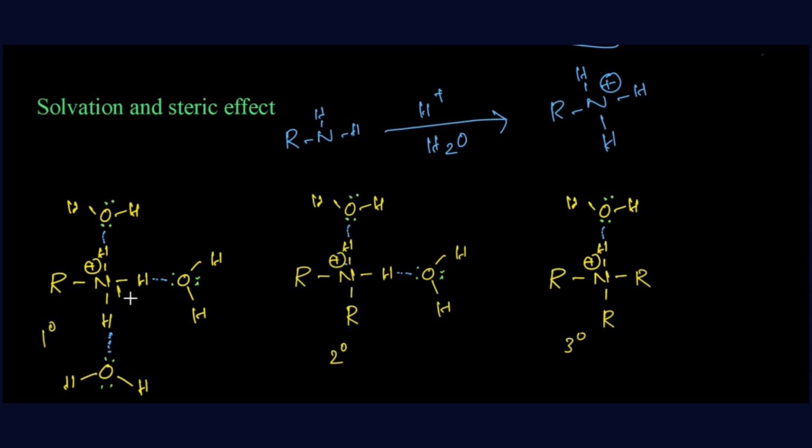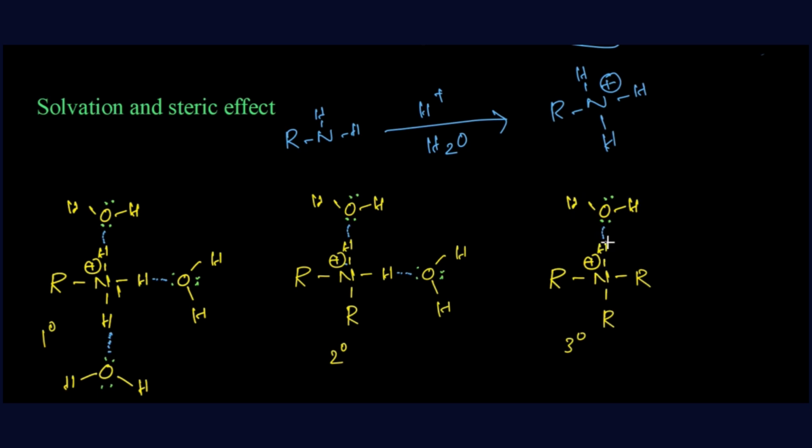This will increase the solvation. You see here, there are 3 water molecules involved in the solvation of this cation, and in the secondary amine there are 2 R groups. Here there are 3 R groups, that means the solvation is reduced because of less hydrogen bonding.